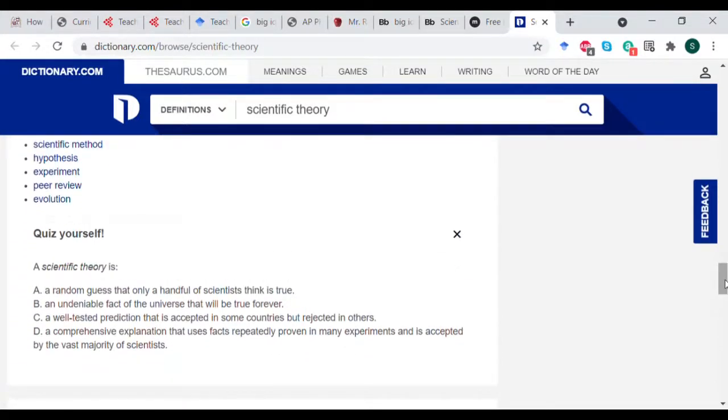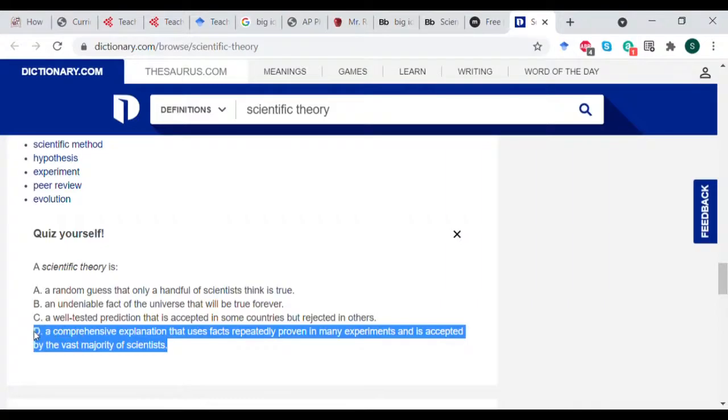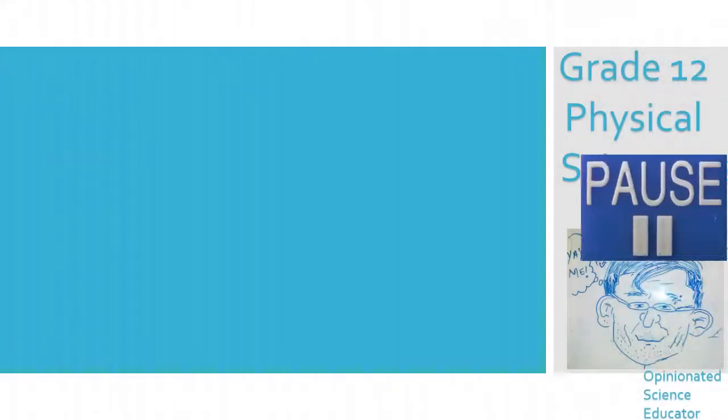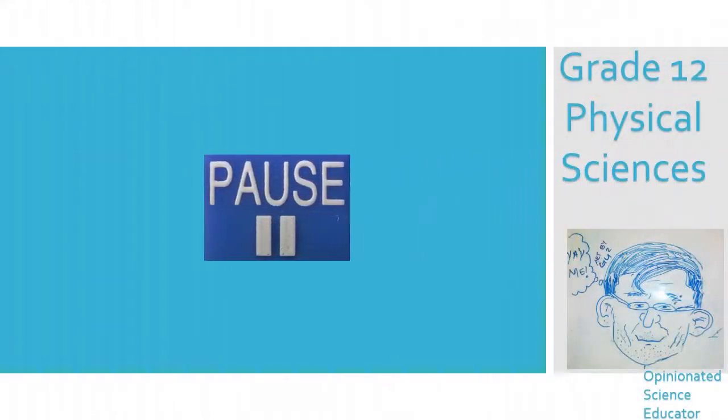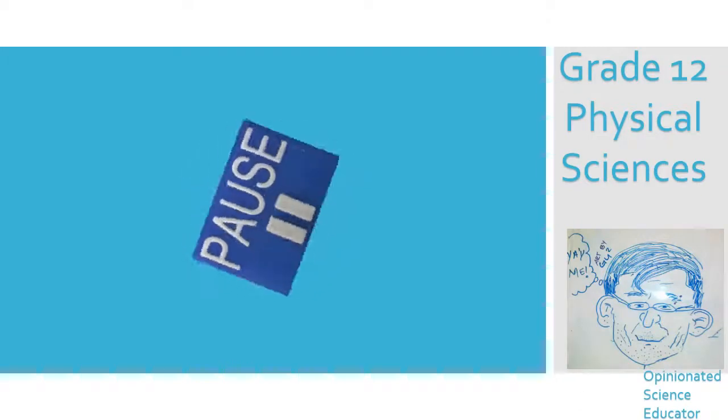So I hope that is useful in guiding you through this first pre-lesson activity. And I hope that you can see the value of the internet as a source of information for learning. Time to pause the video now.